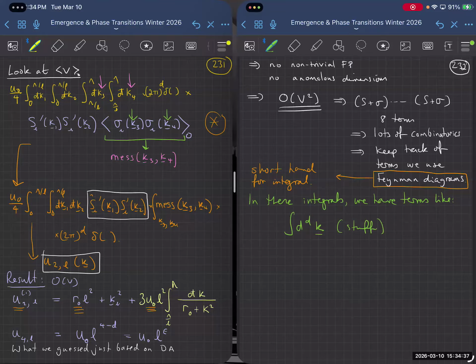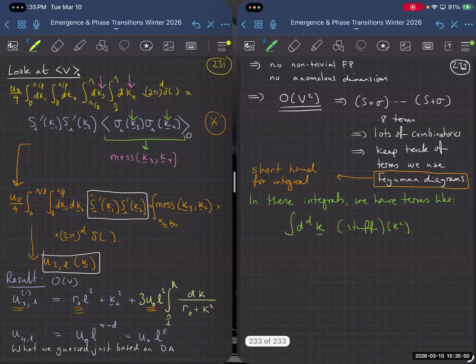That stuff turns out to depend on k squared, and because it depends on k squared, it's rotationally symmetric. So when we do these integrals, we can just do the angular part of the integral. It's just 4 pi or something like this.